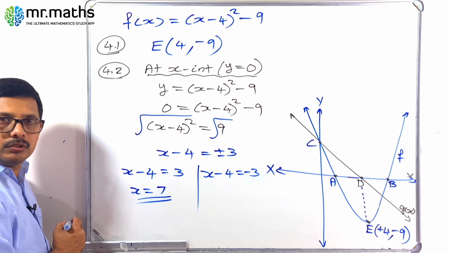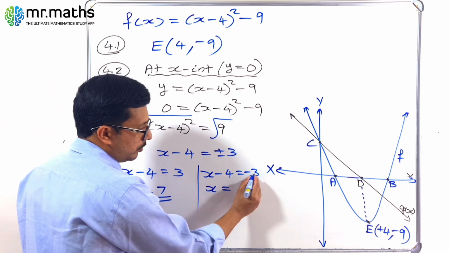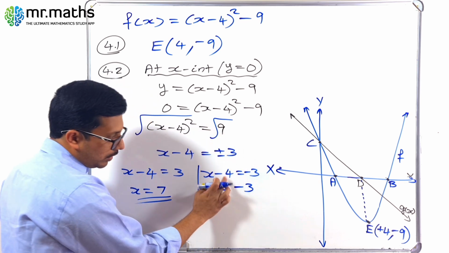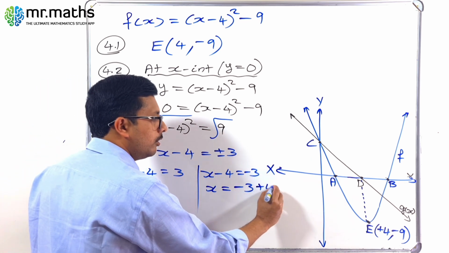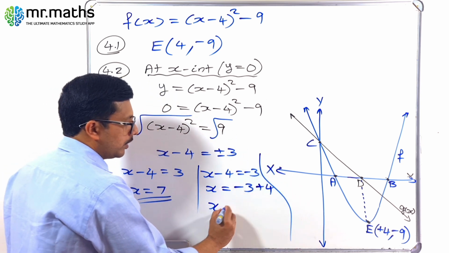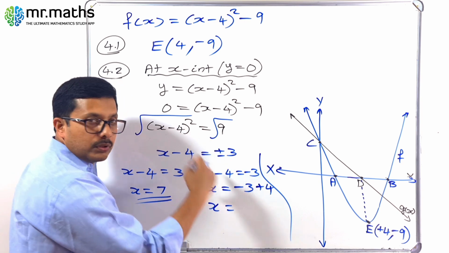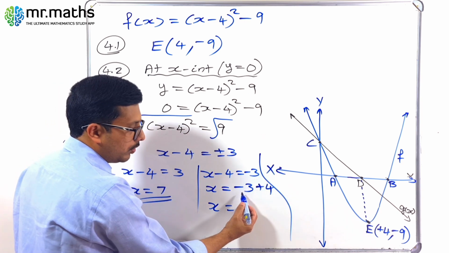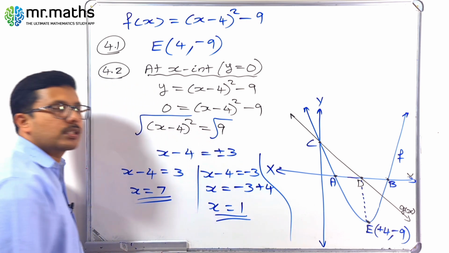So one x value is 7. Now, x is equal to, there is a minus 3 here. Take this minus 4 to the other side, so it is going to be positive 4. So minus 3 plus 4 is 1. So the second x value is 1.